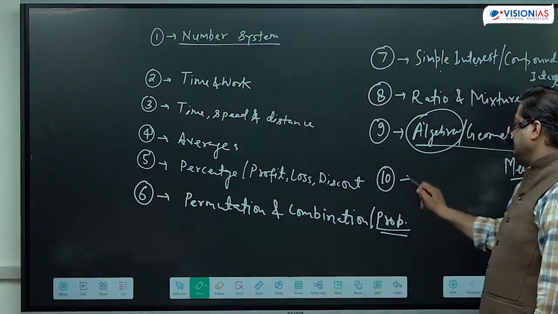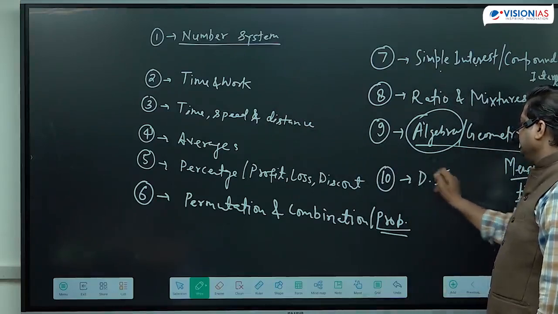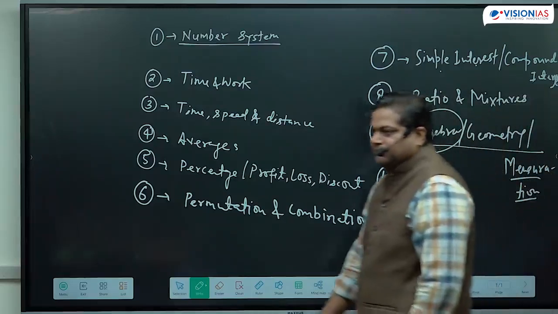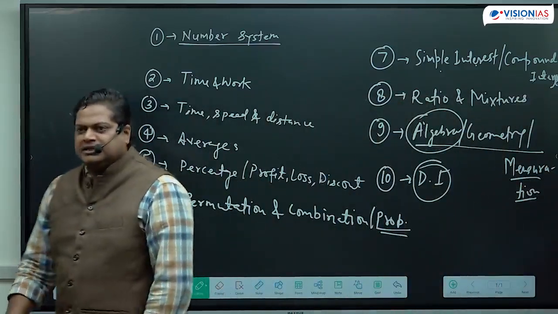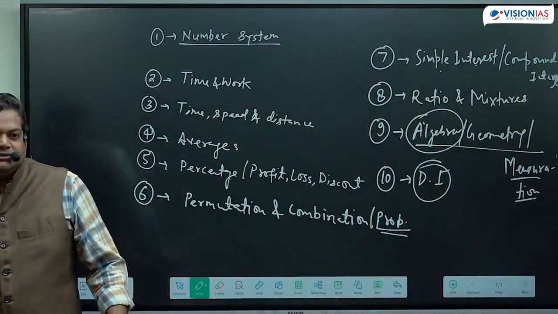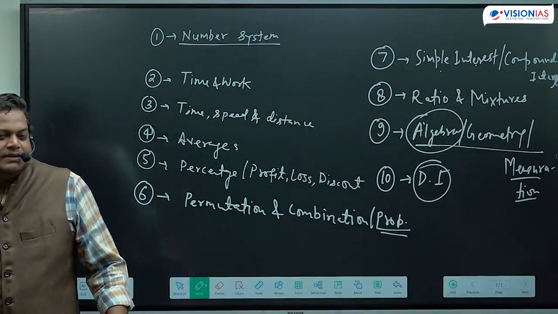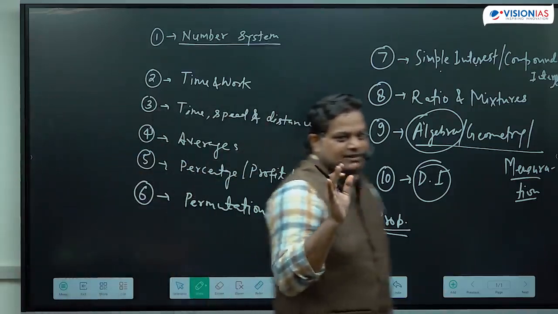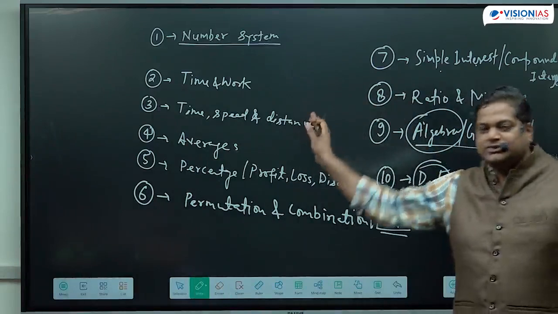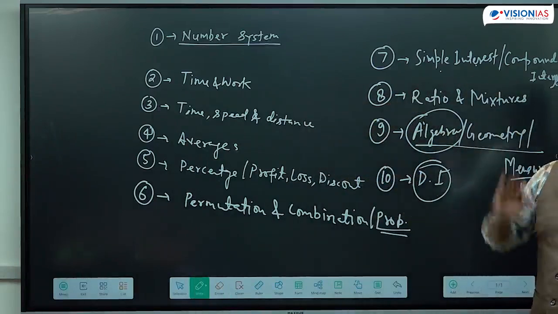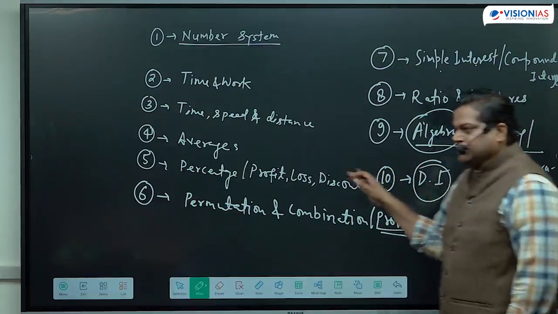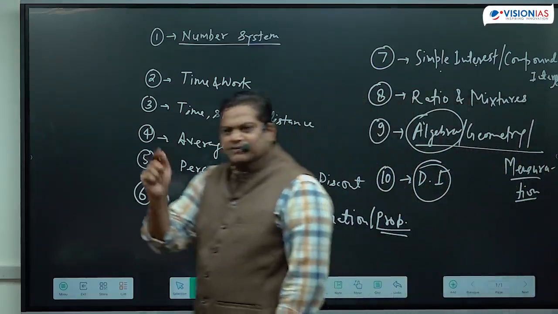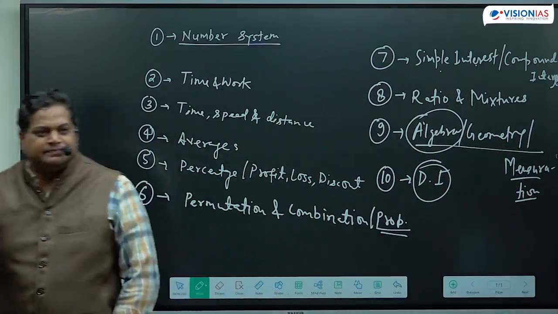Then what else we have? That DI, data interpretation. So from data interpretation UPSC is not asking many questions. Earlier they were asking like 4, 5, 6, 7, 8 questions. One pie diagram, one bar diagram, one histogram is there, and they are asking questions. But nowadays, in 2, 3 years, maybe one question or no question.